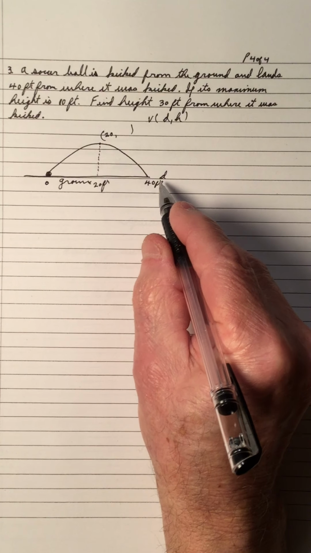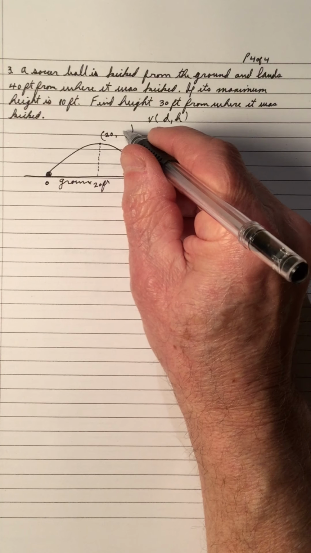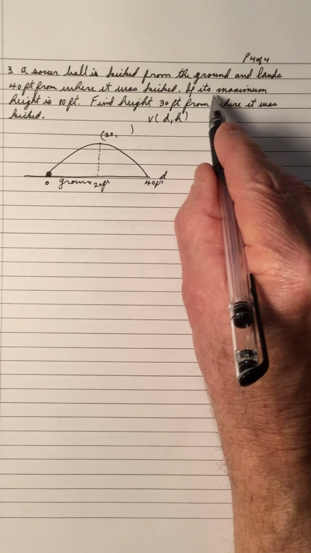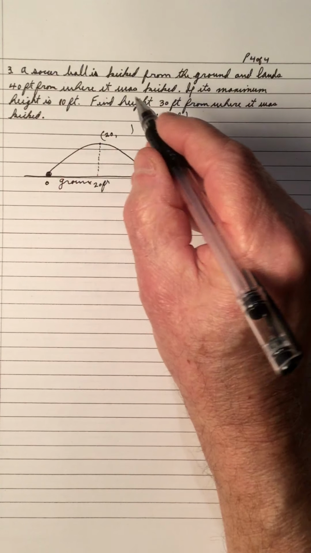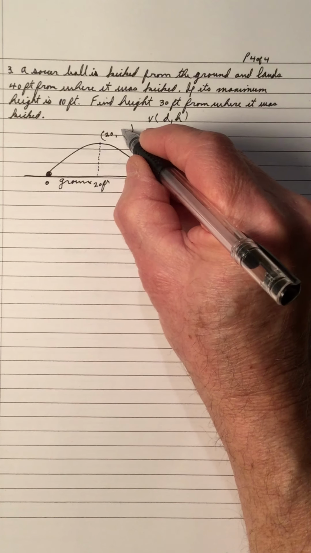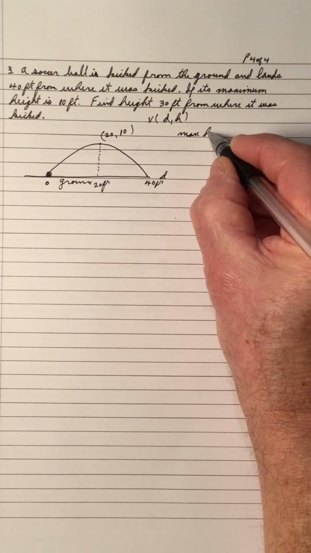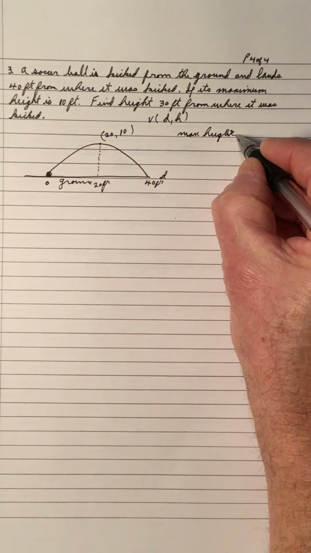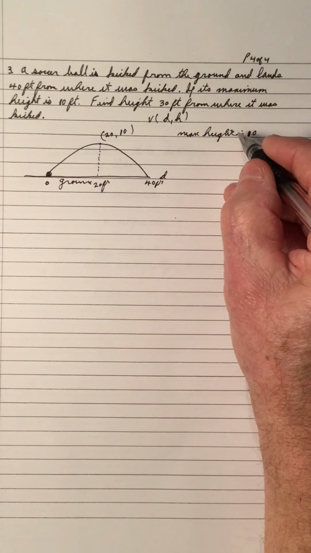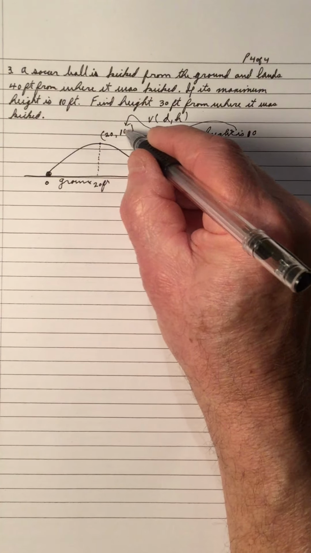And so what we have to do, we have to figure out what my h is going to be. So let's see, its maximum height is 10. Oh yeah. So they gave us at 20 feet, which is halfway, I'm going to have a maximum height of 10. So that is the y in your vertex, like an x and a y.